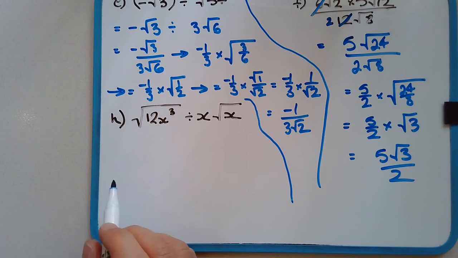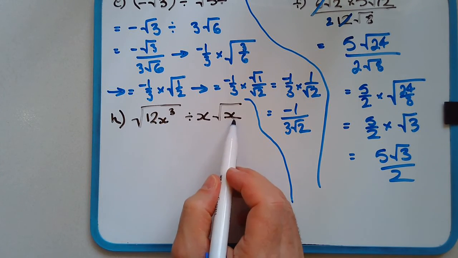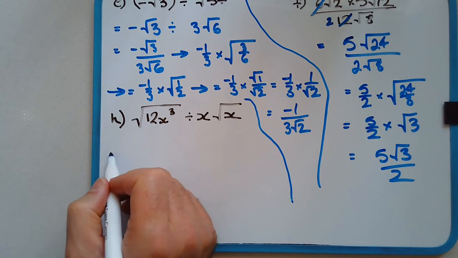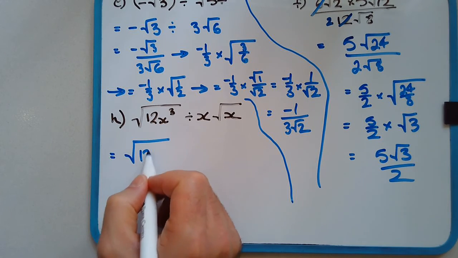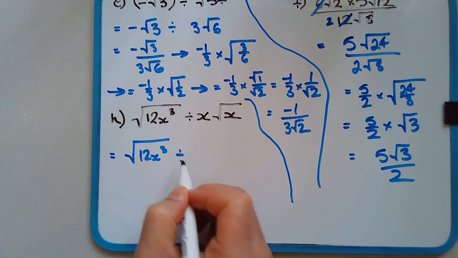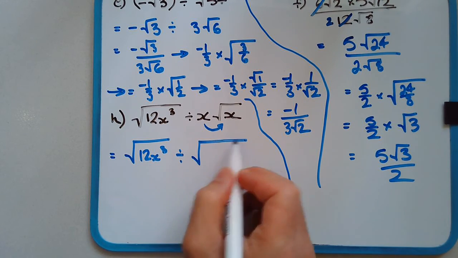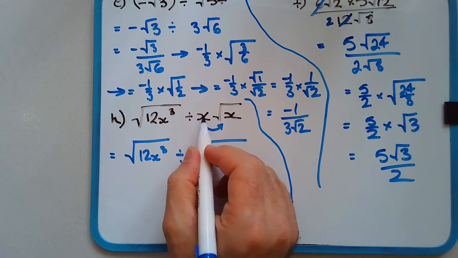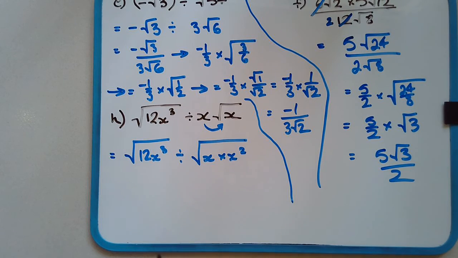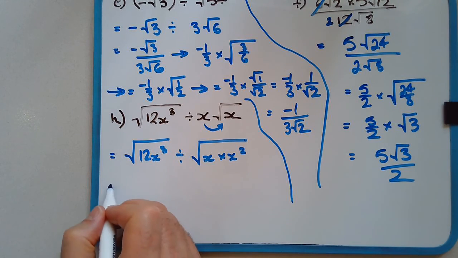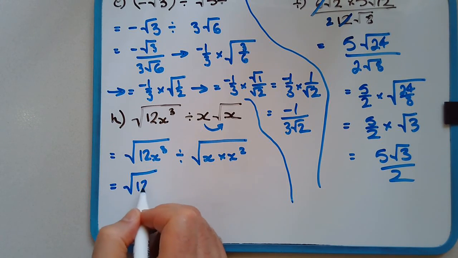In fact, the first thing I'm going to do is bring the x back inside the surd. So that's going to be equal to 12x cubed divided by, now if I bring the x back inside the surd, it actually becomes x multiplied by x squared. Hopefully you can see where this is going.